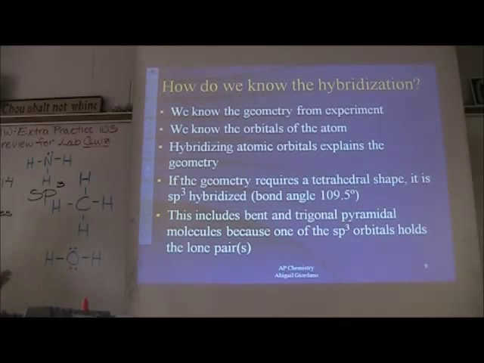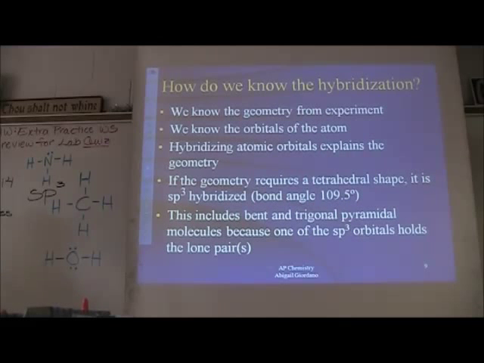Doesn't matter if it's a lone pair or a shared pair. All three of these examples have four hybridized bonds, I guess you would say.